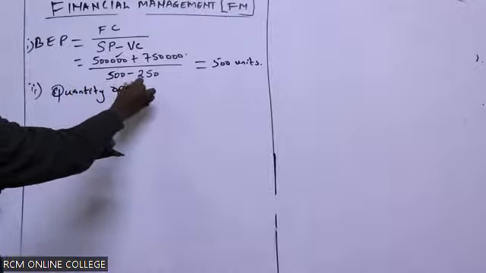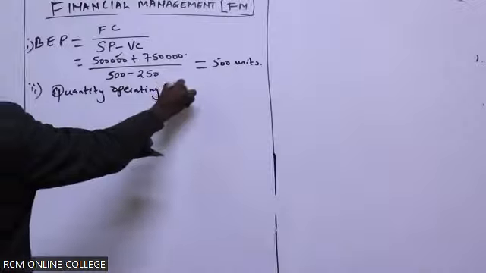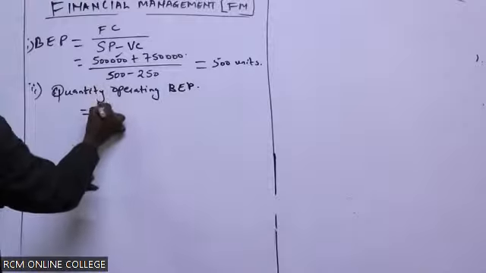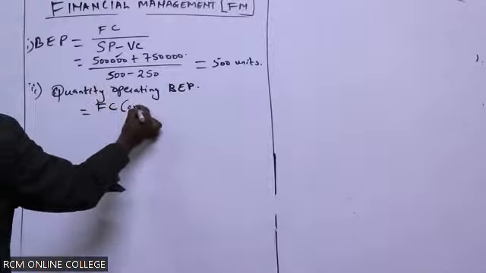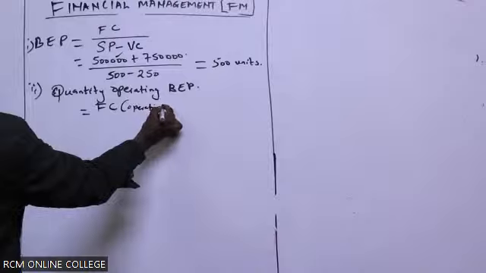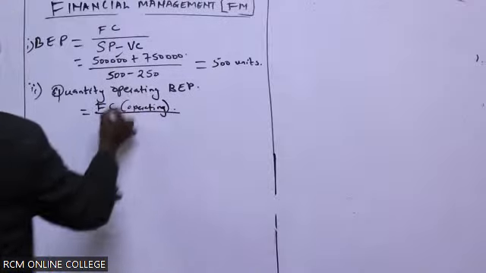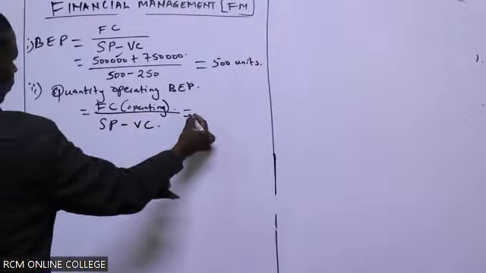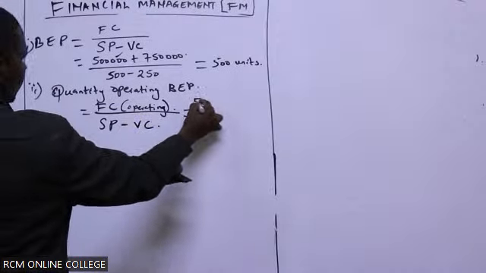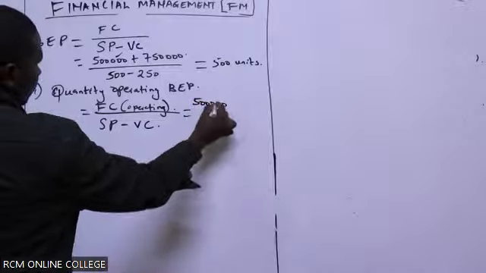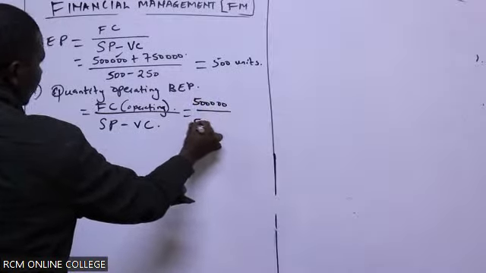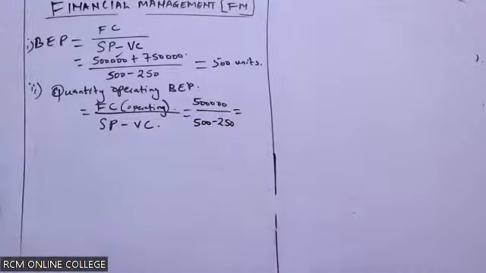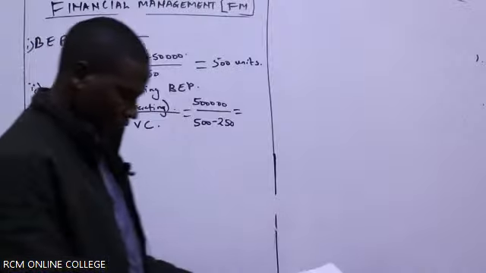It will be given by fixed cost of operating divided by the selling price minus variable cost. The fixed cost of operating is 500,000 divided by 500 minus 250. How much do you get?